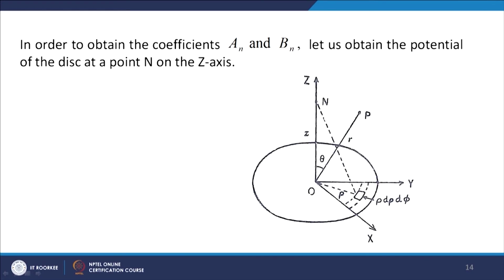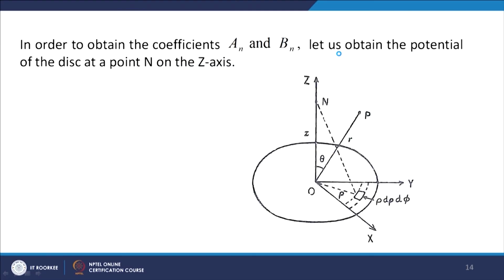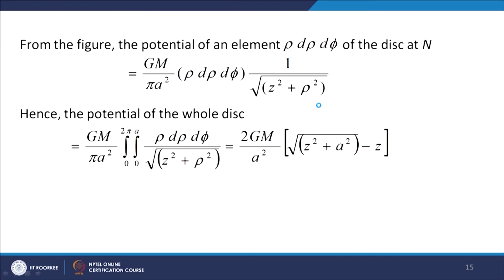For this, we take a small element here at a distance rho from the center, making this angle phi. This element is rho d rho d phi. The potential of an element rho d rho d phi of the disk at the point N will be equal to G m over pi a square, rho d rho d phi, into 1 by root z square plus rho square.